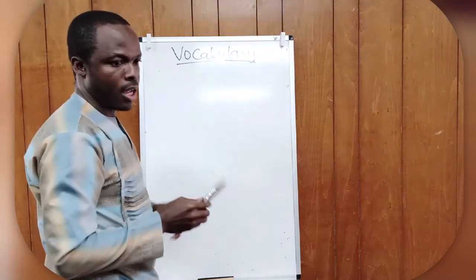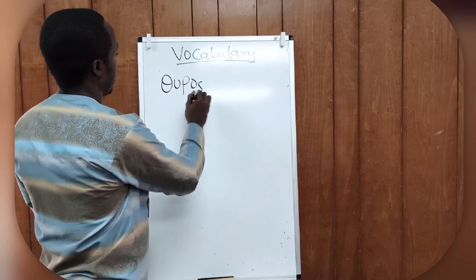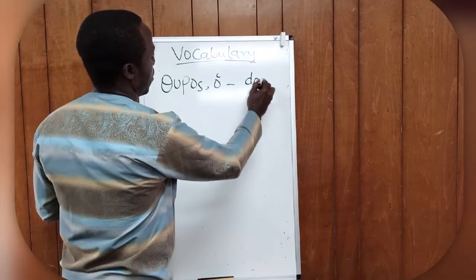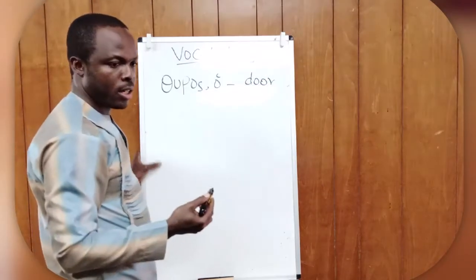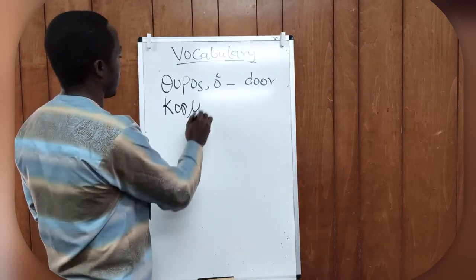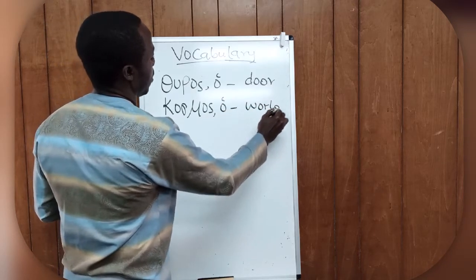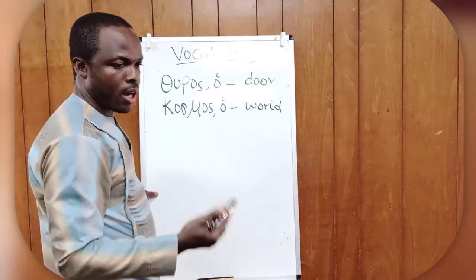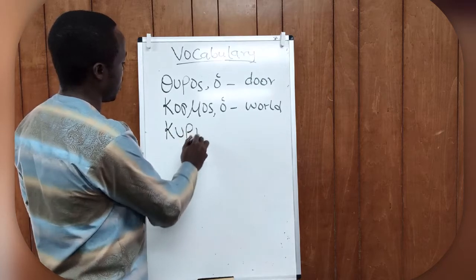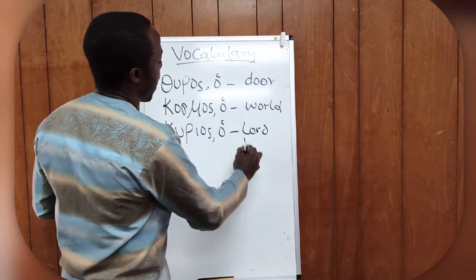Theos is God, and we have thura, which means door. Then we have a word like kosmos, which means world. Then we have another word, kurios. This means Lord or master.